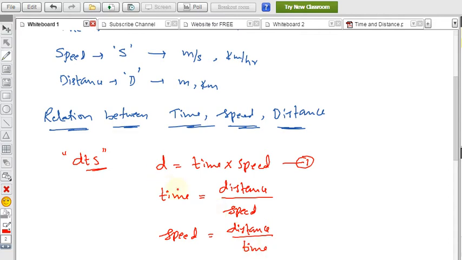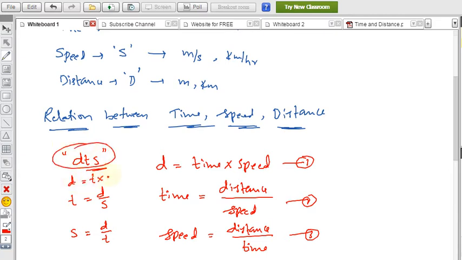So these are the relations. If you know any two of them, we can find out the third one using these three formulas. So in short form, t is equal to d by s, s is equal to d by t, and the first one is d is equal to t into s.